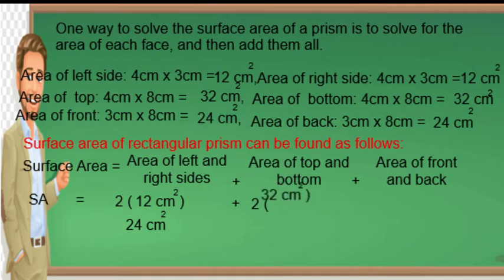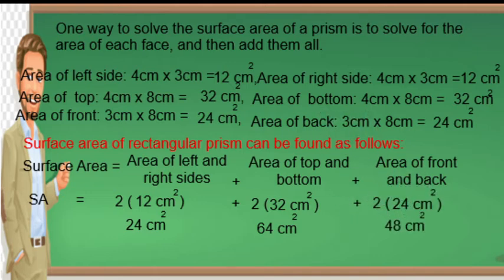That's why it is 2 times 32, which is equal to 64, plus the area of the front and back, which is 24 multiplied by 2, which is equal to 48 square centimeters.